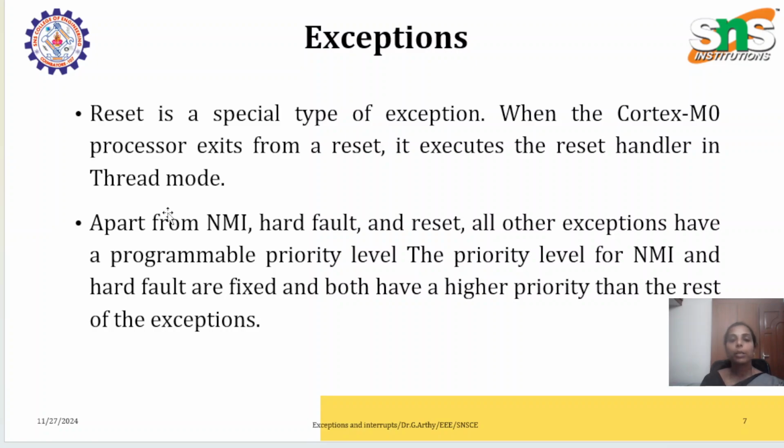Reset is a special type of exception. When the Cortex-M0 processor exits from a reset, it executes the reset handler in thread mode. Apart from NMI, HardFault, and reset, all of the exceptions have a programmable priority level. The priority levels of NMI and HardFault are fixed, and both have higher priority next to reset.